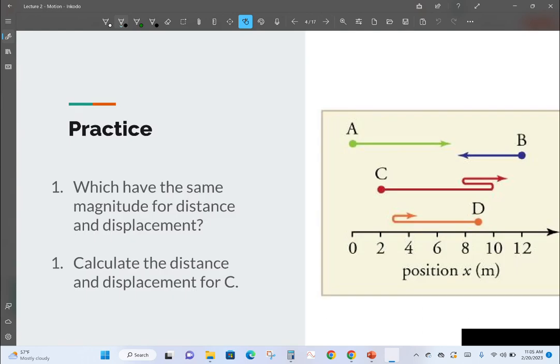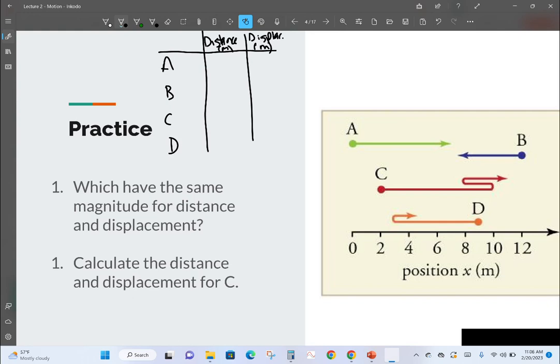So let's do a little bit of practice. First, let's find the total distance that each of these have traveled. So I'm going to make a chart of distance in meters and displacement in meters, and I'm just going to do that for each segment.